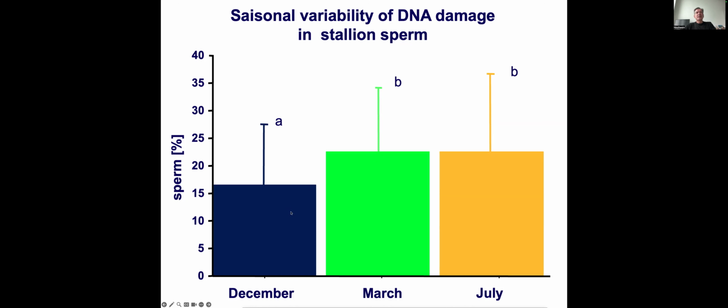Not surprising because the temperatures are lower, but for us it was surprising that DNA damage was already increased in March. And in March, there is no heat stress in Europe. For example, today we have snow here in April. It means that there is not only heat stress, there are also other stress factors leading to this increase in DNA damage.